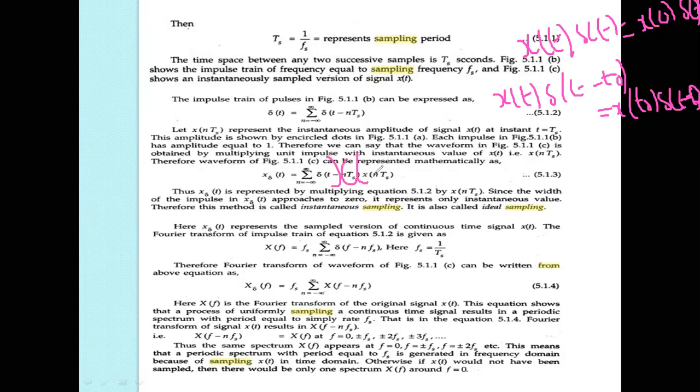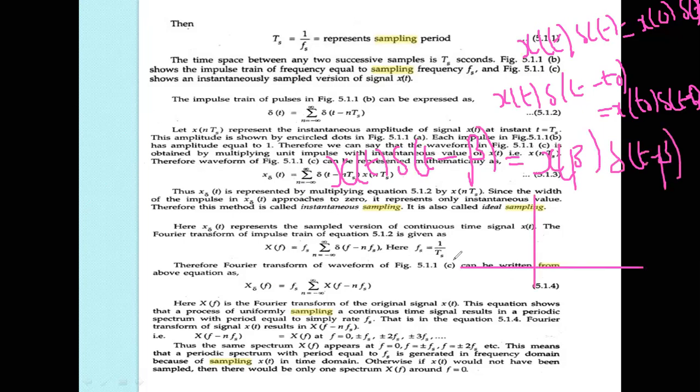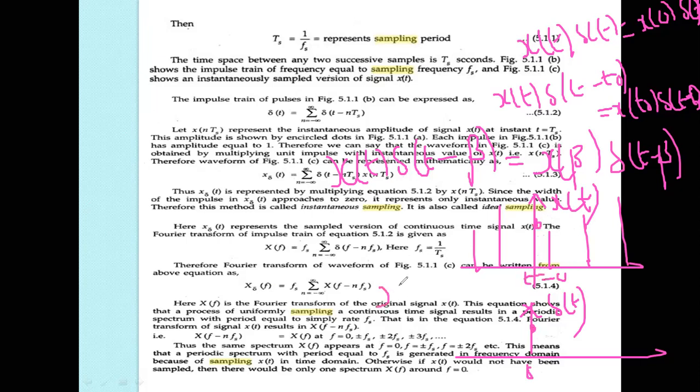Suppose the signal x of t times delta of t minus t naught, or let us say beta. What happens at beta? We get x of beta into delta of t minus beta. Suppose there are different values in x of t. It is multiplied with the delta function at t equal to 0. If there is any value, all the remaining values are 0, and we get a value only at t equal to 0. So x of t at t equal to 0 means x of 0.